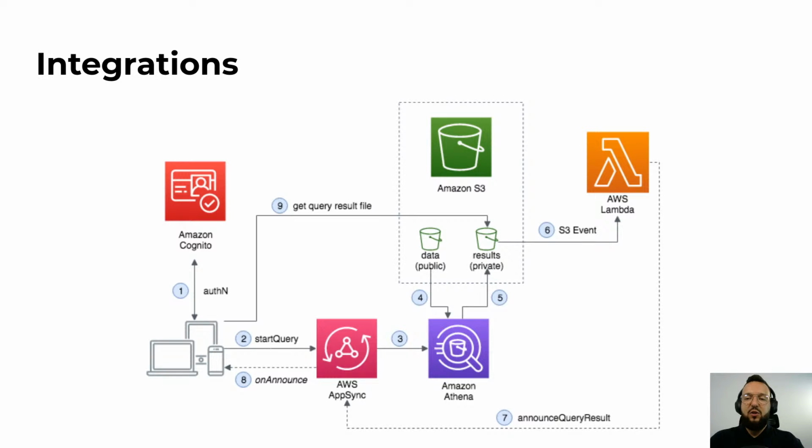And then you are basically ready to query your vast amount of data stored in Amazon S3. The same goes with the results, because Amazon Athena can store the results inside Amazon S3, which can notify AWS Lambda and notify AppSync when the results are ready. And then you can push them to the client via subscription. So here is a great example of how to use the ease of use of AppSync with the data layer and data execution parts.